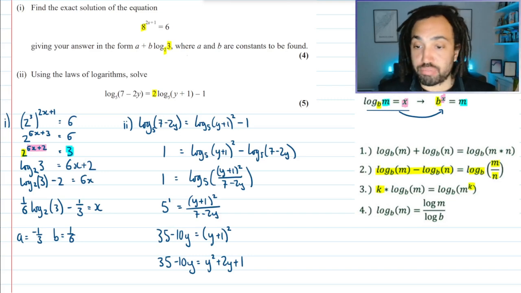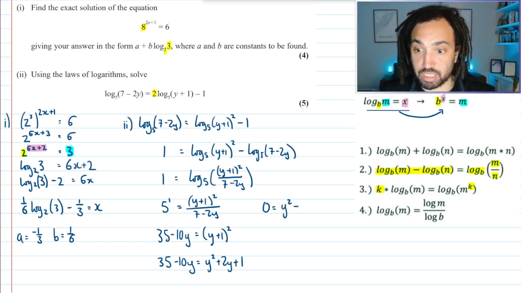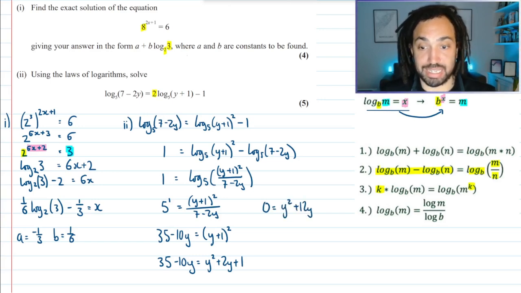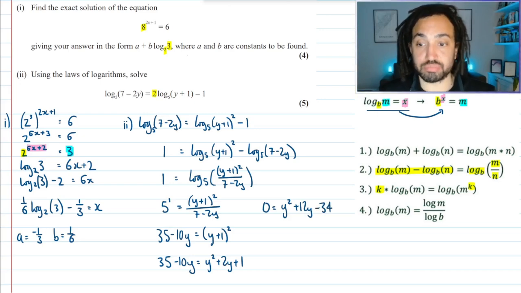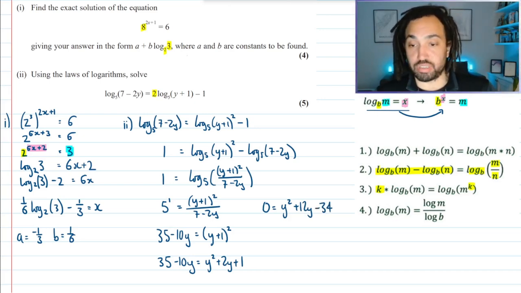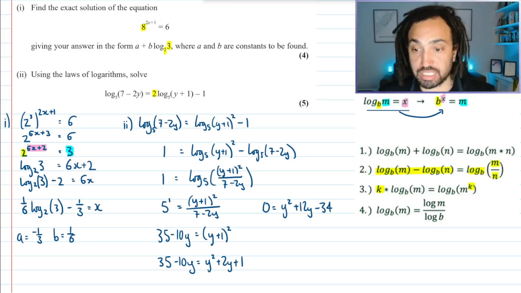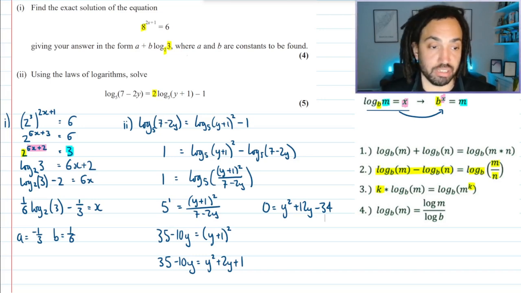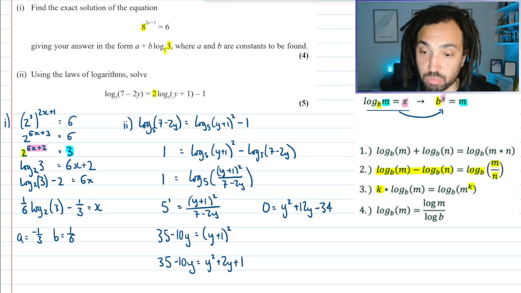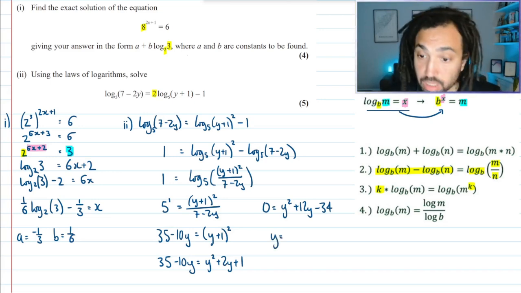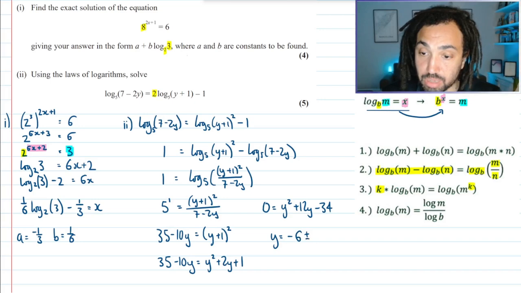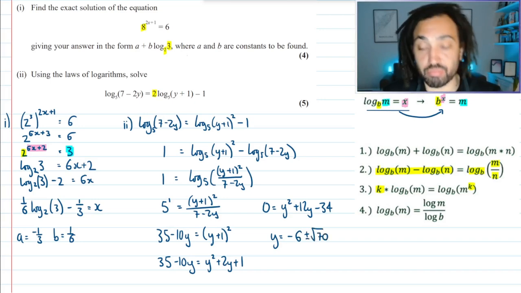And then finally I can bring it all over to one side, so I can make it 0 equals, and that's y squared plus 12y minus 34. Okay, that doesn't factorize, so I would use the quadratic formula to solve that. And what will that give me? Give me a second. Okay, I get y is equal to minus 6 plus minus root 70.